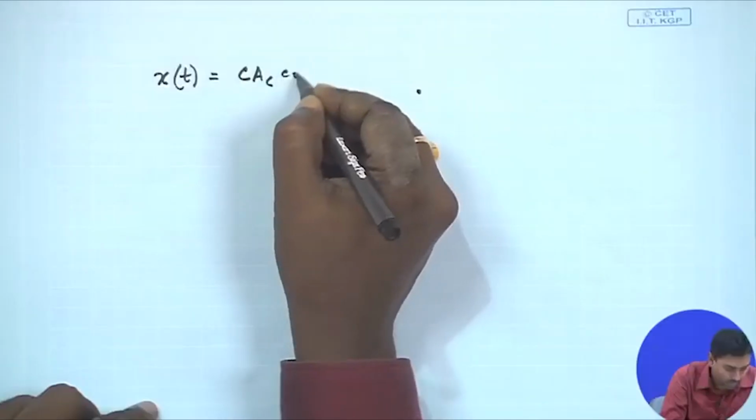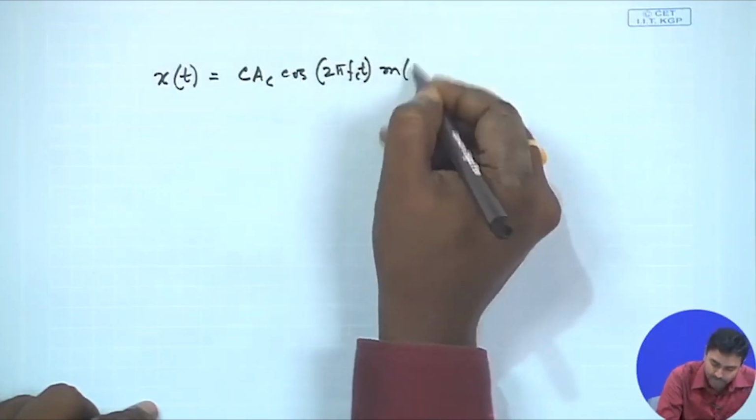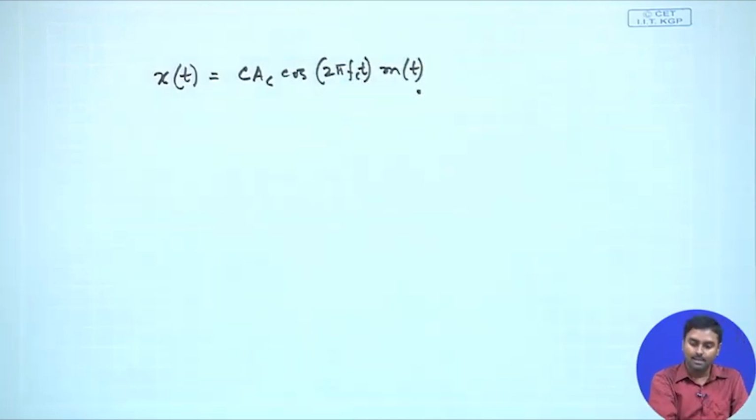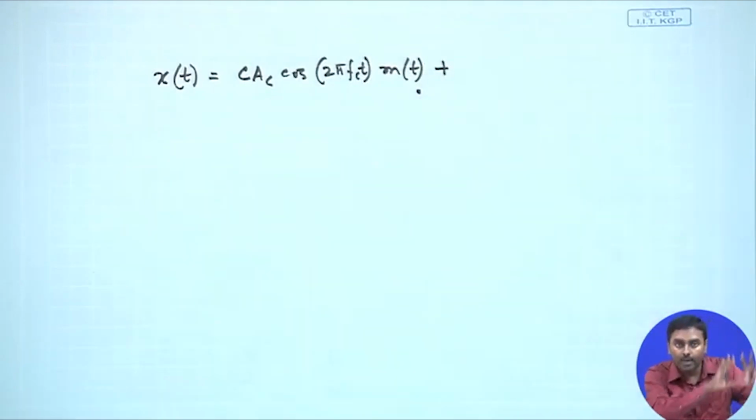So, the signal remains unchanged. That should be A_c cos 2 pi f_c t into m(t), that must be my signal, plus the noise, which was n(t), the overall noise.